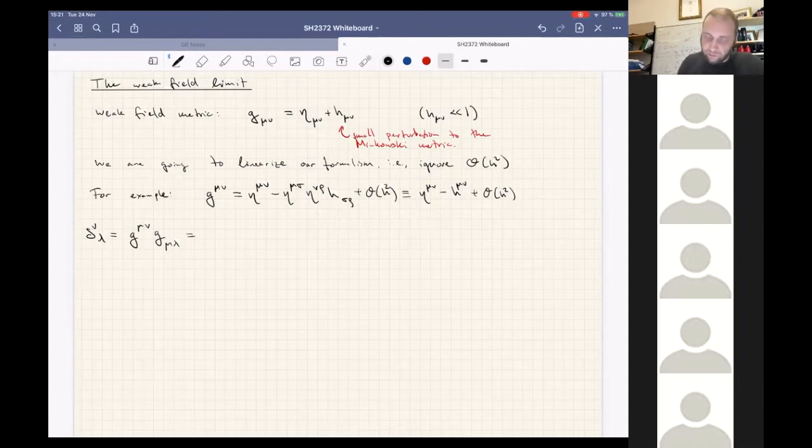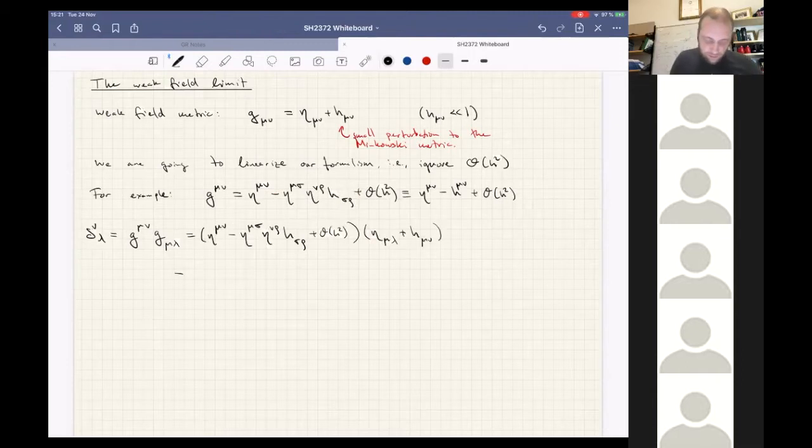So if we take this expression that we already had, eta mu nu minus eta mu sigma eta nu rho h sigma rho plus order h squared, and then the metric was just given by eta mu lambda plus h mu lambda.